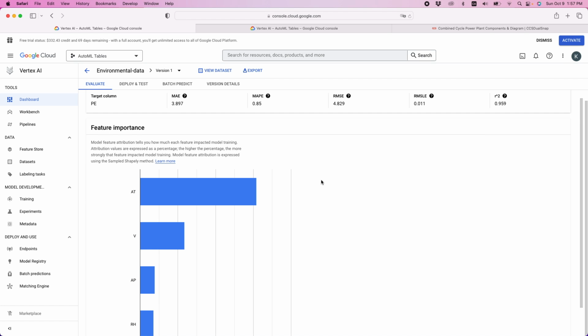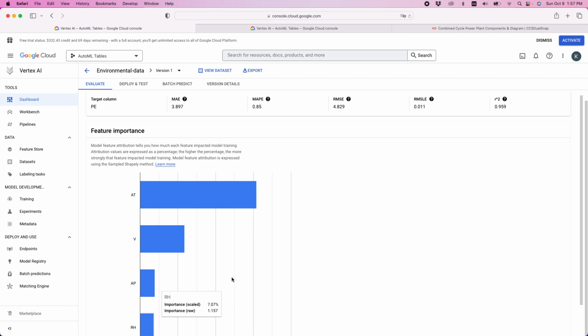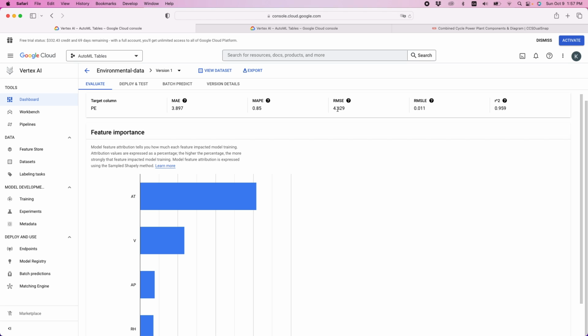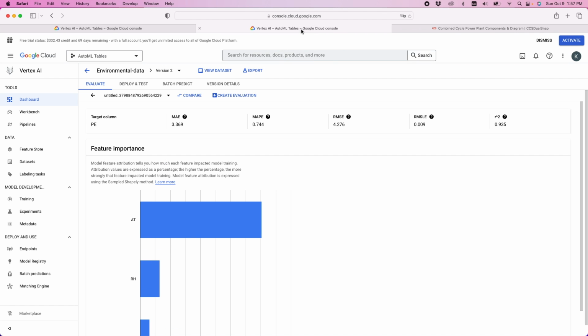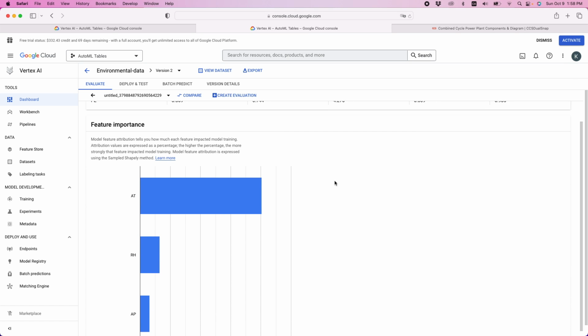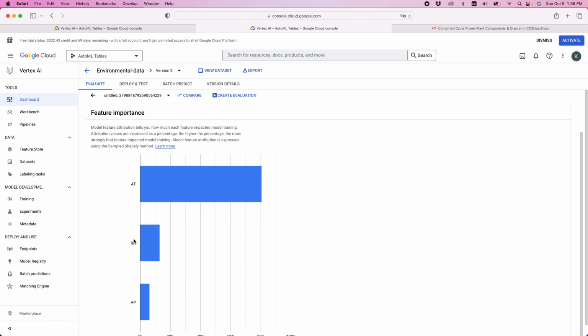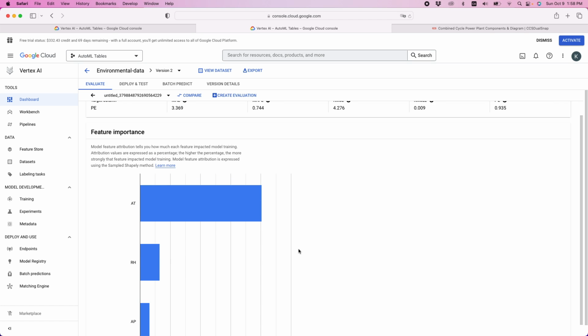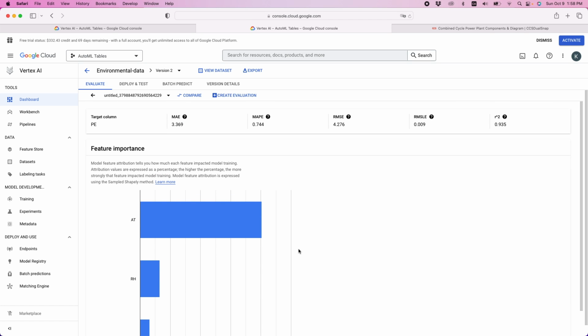If we compare the two models, the model with all four variables has 4.829 root mean square error, and the model with three variables has smaller root mean square error. So for that reason, our model with three variables, which doesn't include exhaust vacuum, works better and provides better predictions.